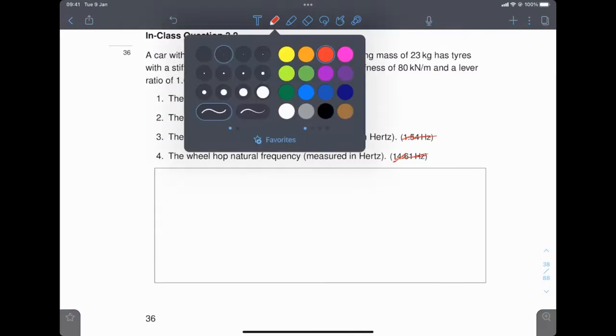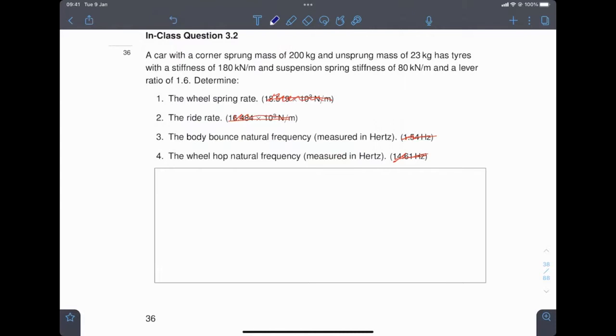Let's solve this problem. So we're going to part one, the wheel spring rate. We've got K spring, which has been given to us as 80 times 10 to the 3 newtons per meter. We know that Ks, the wheel rate, is K spring divided by the lever ratio squared, because the lever ratio is 1.6.